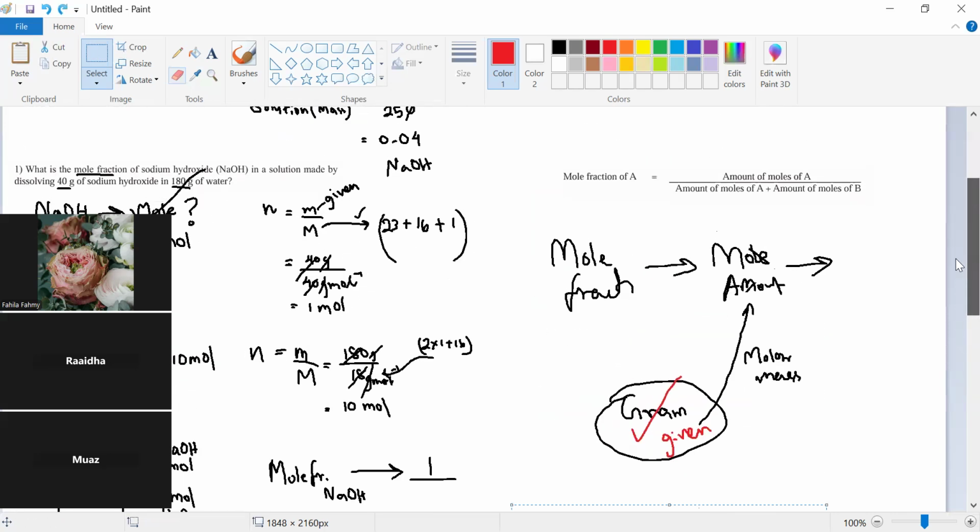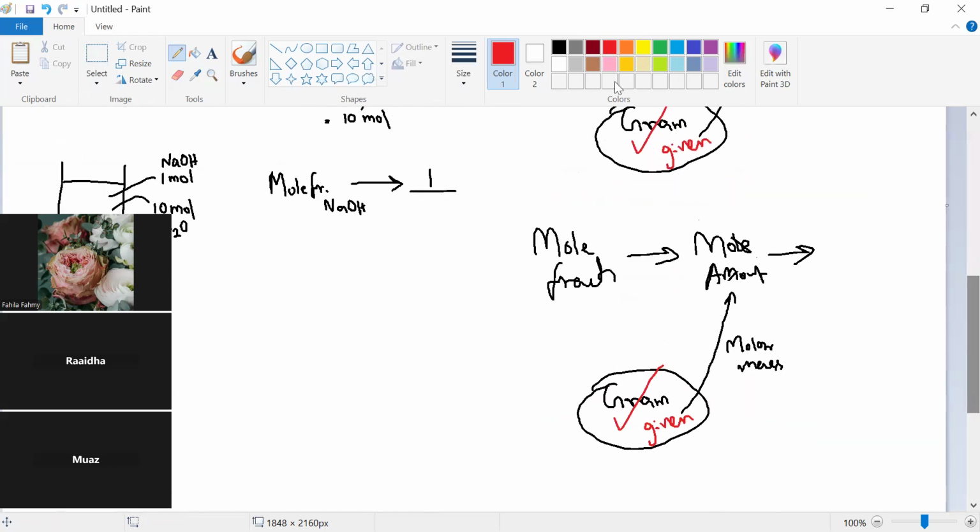Why I'm rewriting it twice, you will understand. If you want the mole fraction of sodium hydroxide, you need the sodium hydroxide molar mass. And if you need the H2O's mole fraction, you need to find the H2O's molar mass.